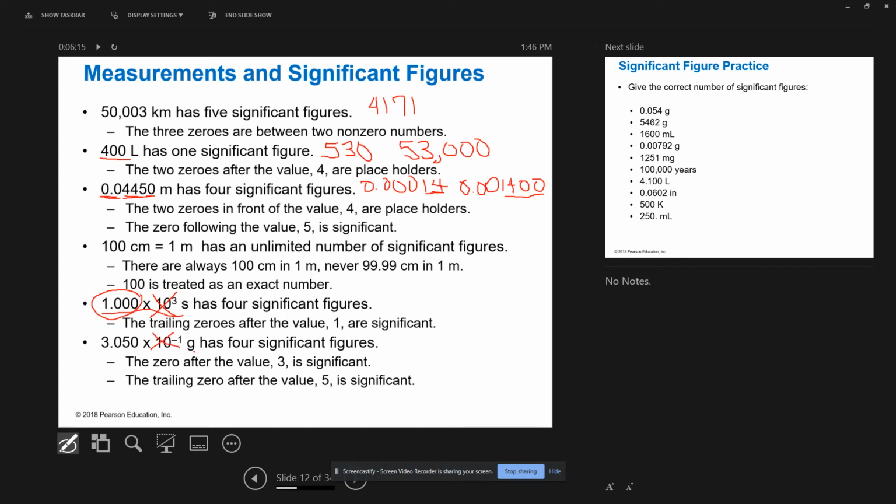Our exponents aren't going to count for significant figures because they're just placeholders. And then I look here, I got a decimal number. I do have some zeros that are trailing, but because there's a decimal number, if there's a non-zero digit in front of them, then they count. So how many? We have 4.